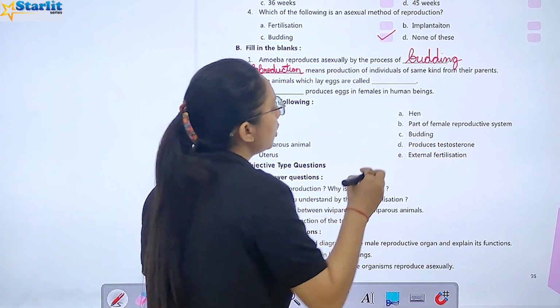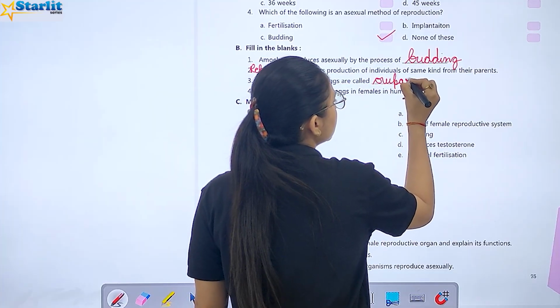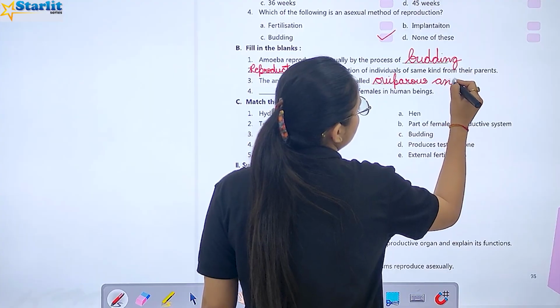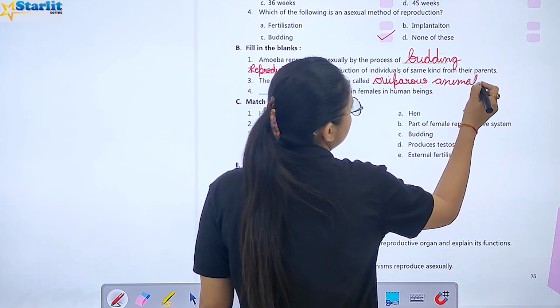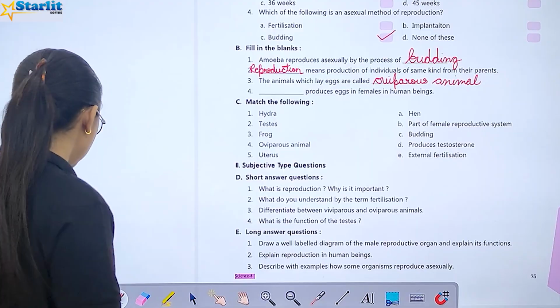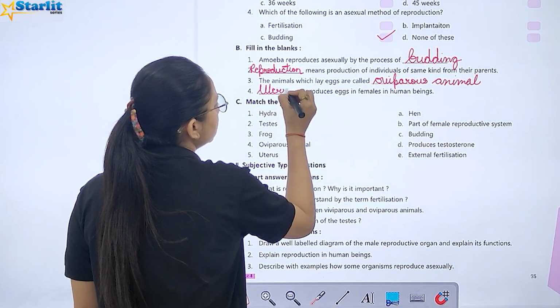Animals which lay eggs are called oviparous. Now dash produces egg in females in human. What produces it? Uterus.